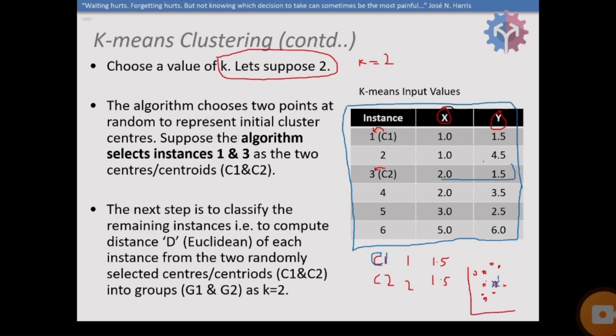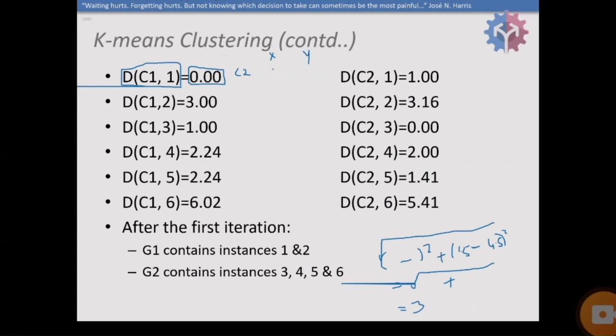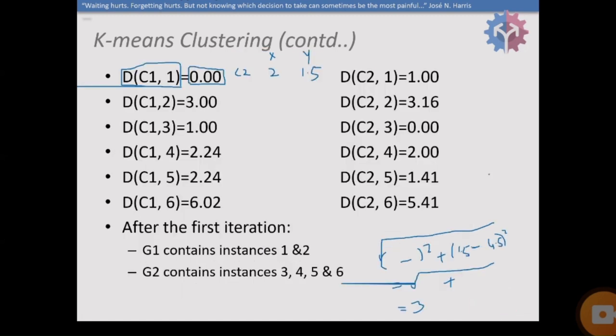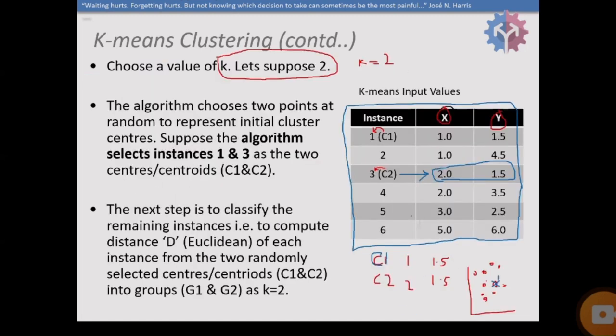It was 2 and 1.5. Let's try to see point number 5 to see the distance.